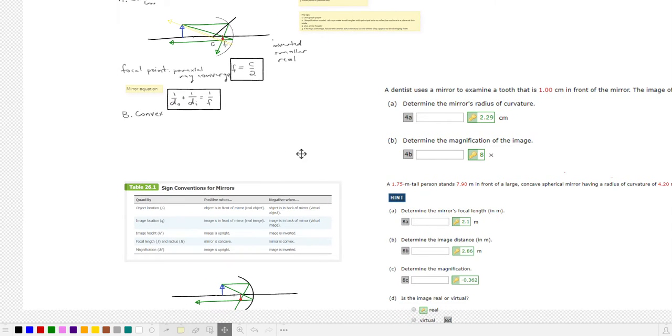Alright, finally let's look at the convex mirror.